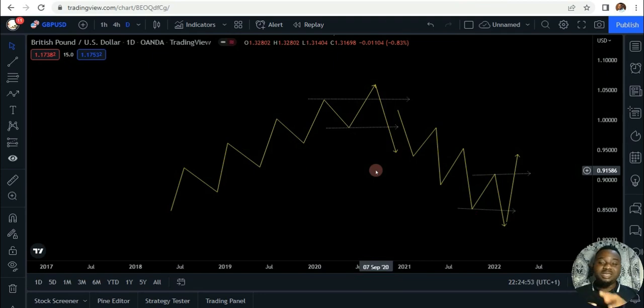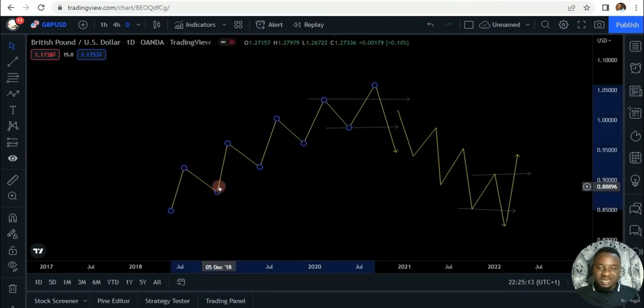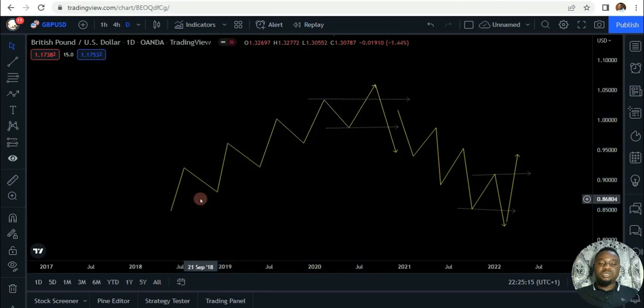Now, there are other things I would like to talk about when it comes to trend structure and trend reversal. Now, they are called the fractal structures. If you have been around me for a while, you will have heard me say that price is fractal. Now, what does it mean? It means that this same thing happening on the daily also happens on the 4 hours time frame, on the 1 hour time frame.